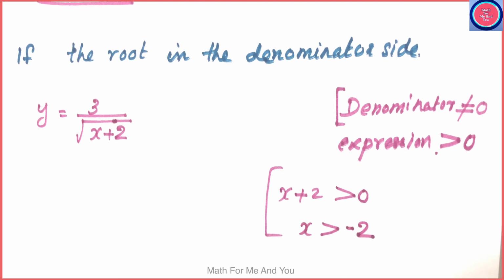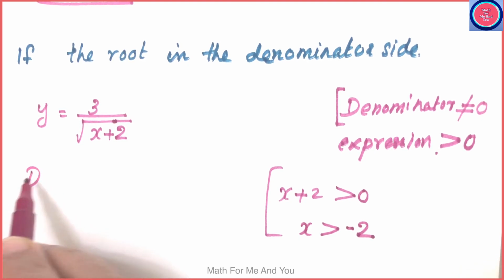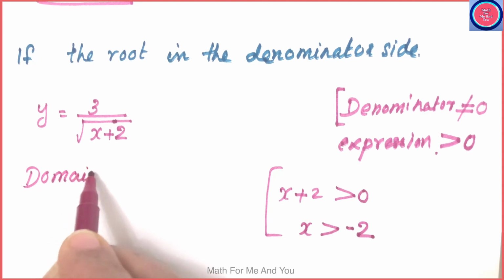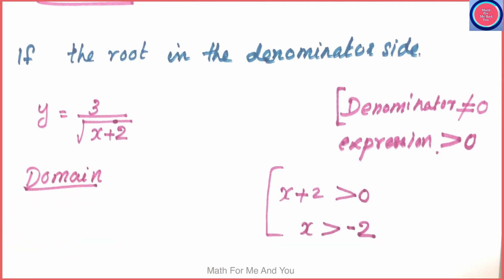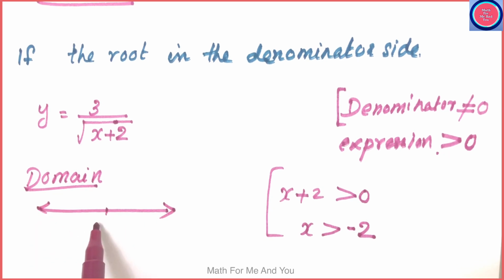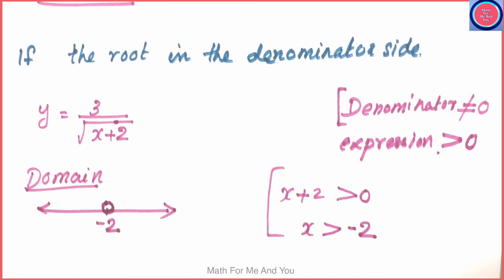This is the domain. But how can we show it using interval form? Using a number line. We will draw a number line and we can see here the number minus 2. We mark that number in the middle, and with minus 2 we need to open the circle because it is only greater than, no equal sign. That's why. And finish minus 2. Look at x.